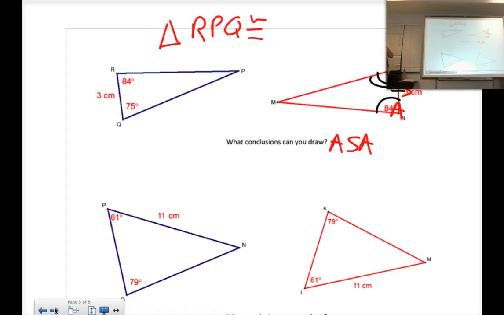I said the triangle RQP. Remember, when we write congruence statements, the order matters. What triangle can you say that that's congruent to? M.